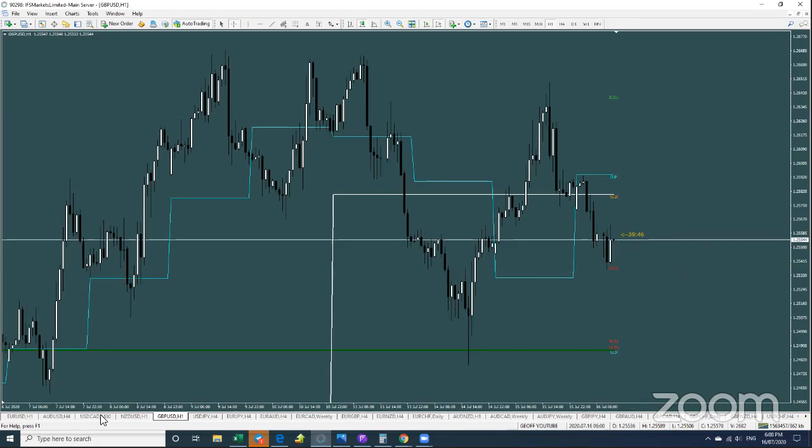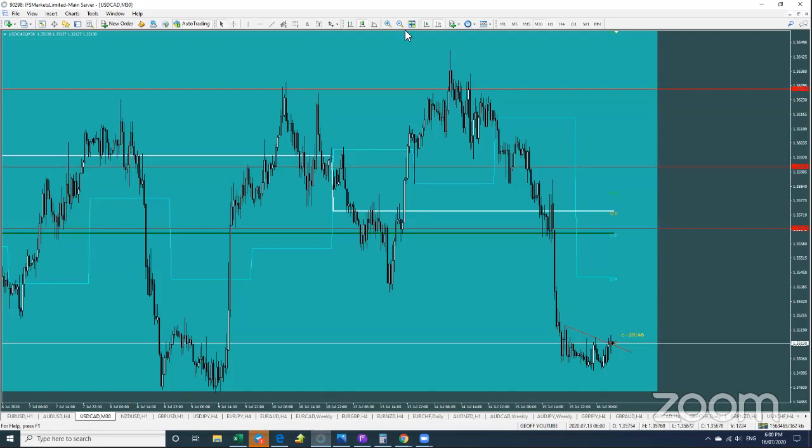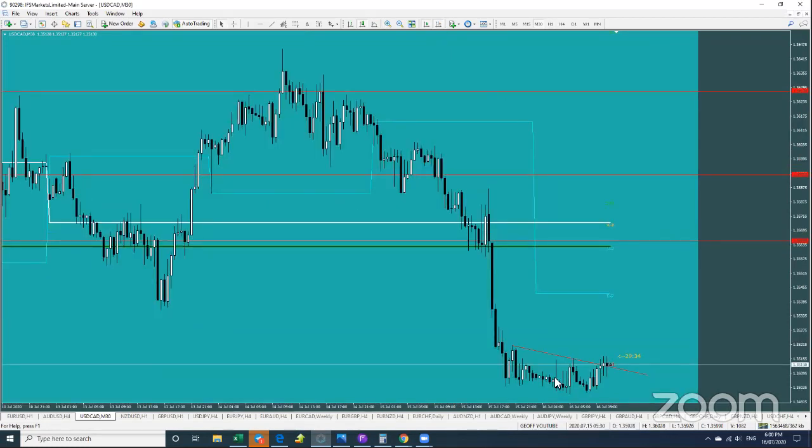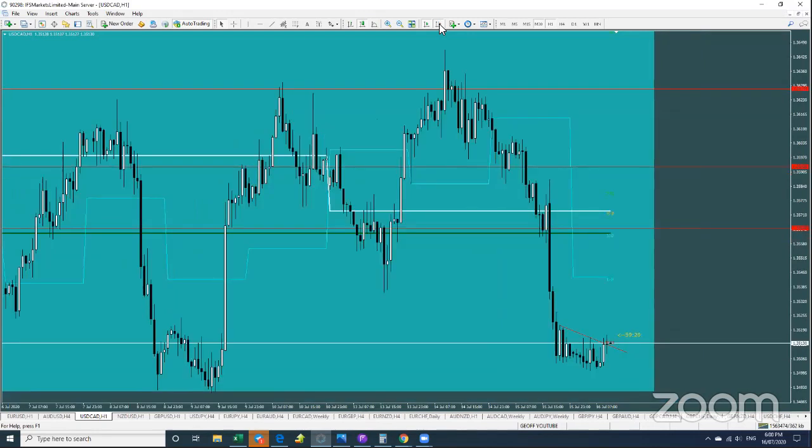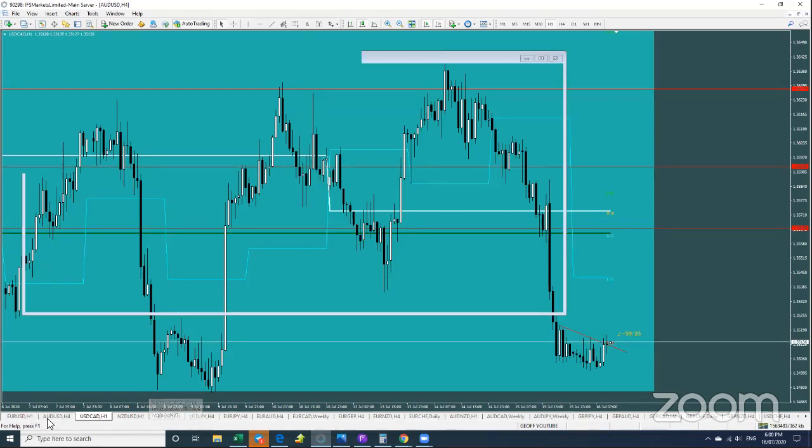And finally, dollar CAD. Oh, it turned out rather poorly, didn't it? It's not real flash. Look at those candles. What's the hourly telling me? Ah, you sod. Maybe it just doesn't want to be traded. So pound and euro and Aussie.